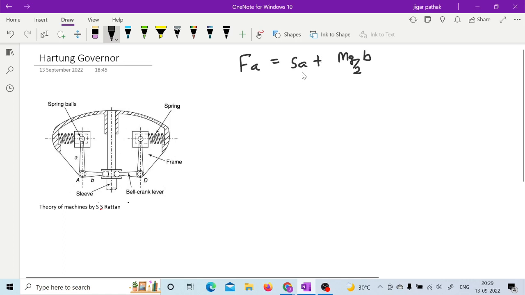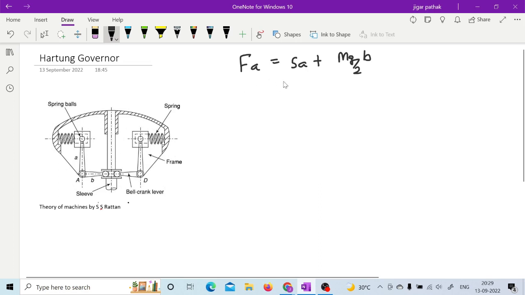So this S can be written as K delta, right? This is the spring force, as it is given by K delta, so it will be represented as K into R minus R0, whatever the initial radius is, and from that whatever radius is achieved. And then F is again mr omega square.